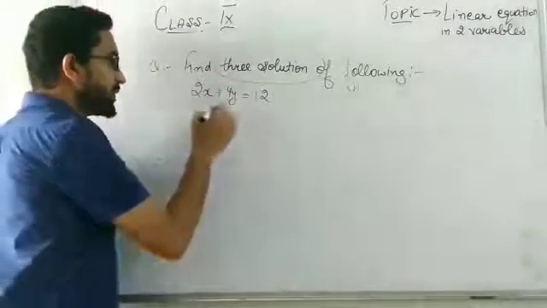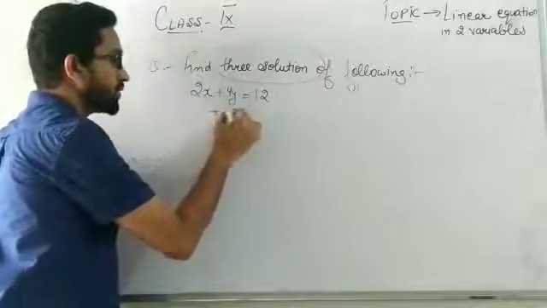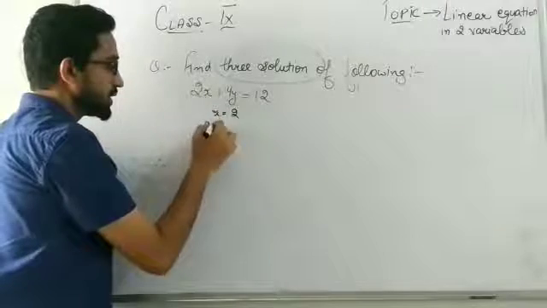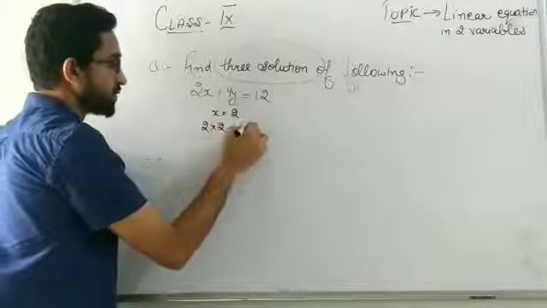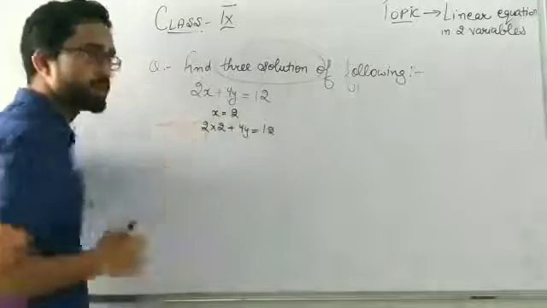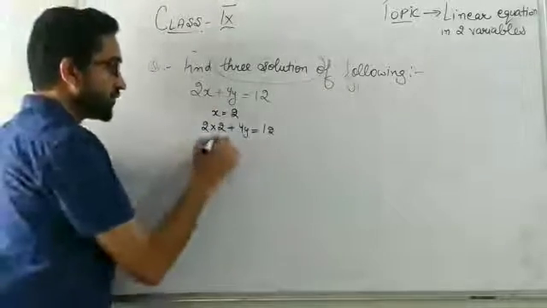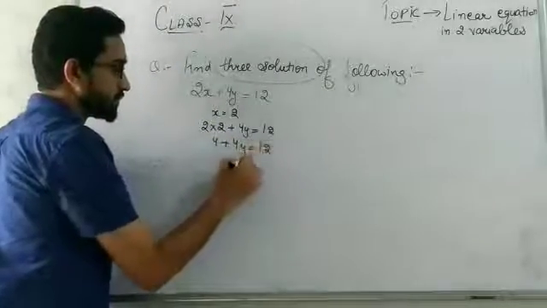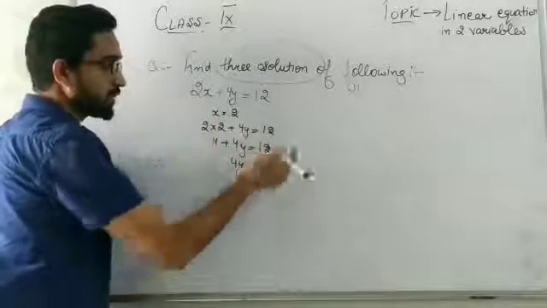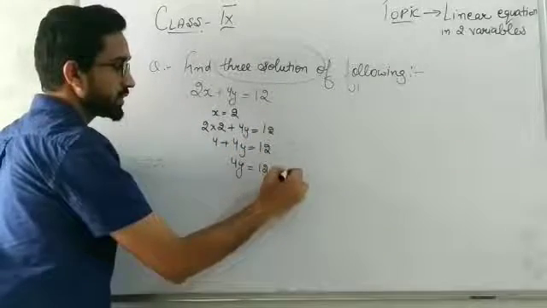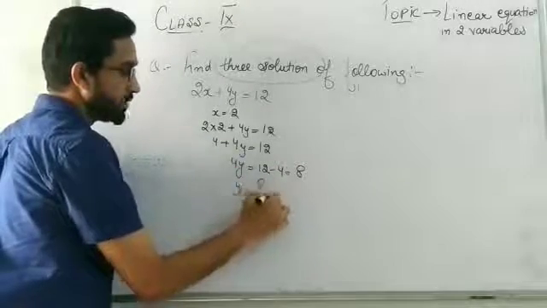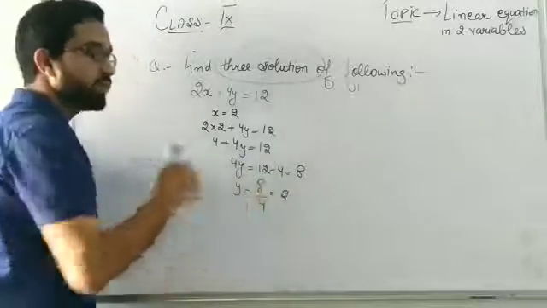Okay, that is the meaning of solution. Suppose I am taking x is equal to 2. So if I fill in 2 instead of x, it will be 2 into 2, that is 4. This 4 can go to the other side, it will be 12 minus 4, that is 8, and dividing by 4, this gives us y is equal to 2.